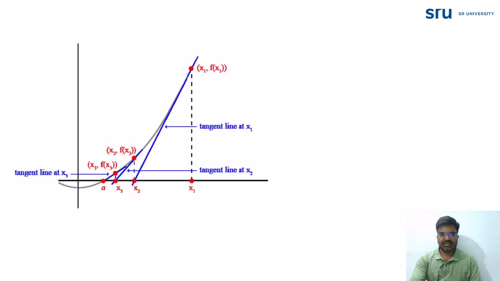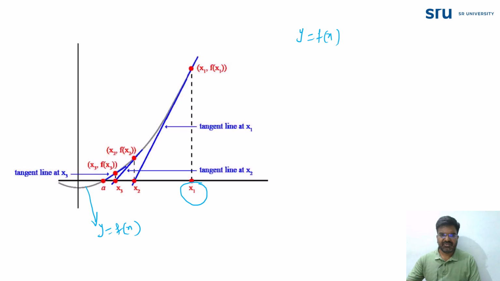Now we will see the geometrical interpretation of the Newton-Raphson method. Suppose x1 is the first approximation of the root of the function y equal to f of x. You can see this is the graph for y equal to f of x, and x1 is the first approximation of the root.